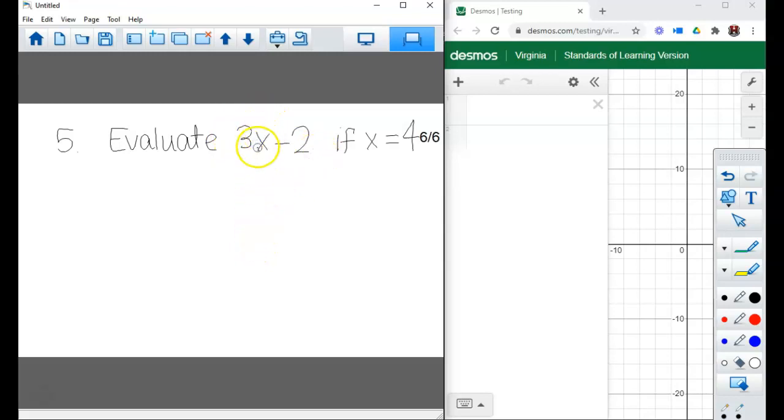So when I plug the 4 in for this x, because it's 3 times x, I'm going to have to put that 4 in parentheses. Anytime there's a multiplication, you're going to have to add those parentheses. 3 times 4 is 12, and then 12 minus 2 is 10. So parentheses are going to be necessary anytime you're doing multiplication in these problems.